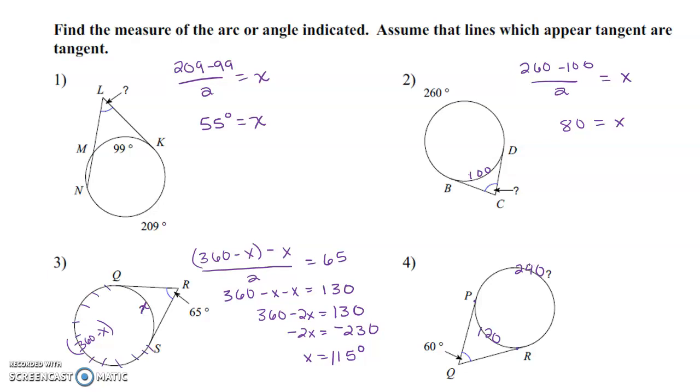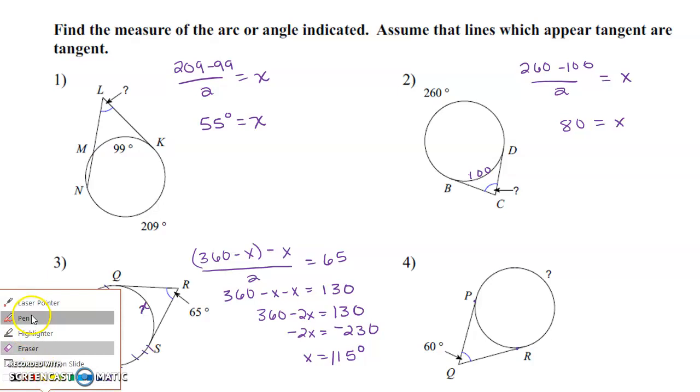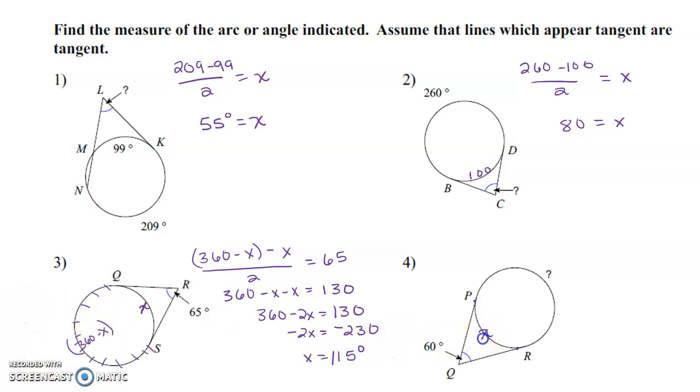Okay, I want us to think about this one. Well, let me reapproach this one. We'll do it in the same vein as the other. If I label this one as x, and this is 360 minus x. We'll look at it the same way. My 360 minus x divided by 2 equals 60.